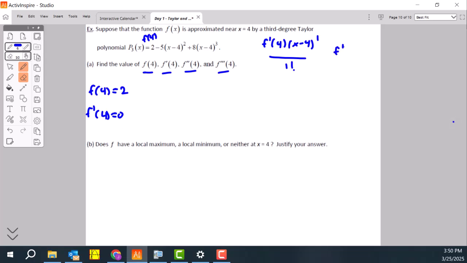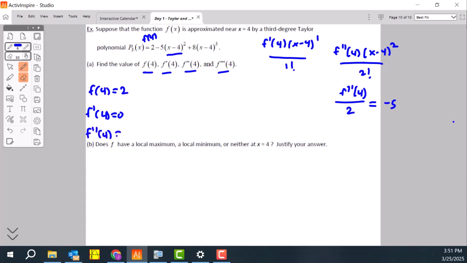f double prime of 4 should be with the x minus 4 squared term over 2 factorial. Well, here's the x minus 4 squared term, so that must mean it's negative 5, right? Well, that's not exactly correct either because it's f double prime of 4 over 2 is equal to negative 5. Well, now we can do a little bit of algebra and say, oh, this is supposed to be 10.